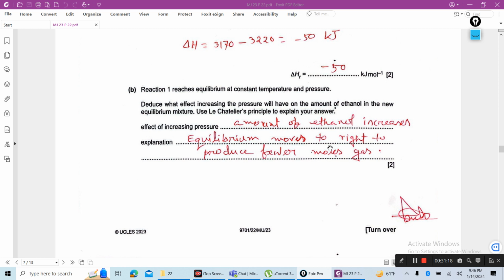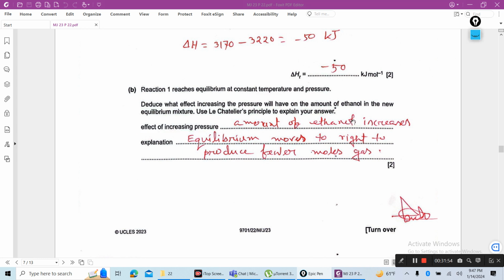Number B, reaction 1 reaches equilibrium at constant temperature and pressure. Deduce what effect increasing the pressure will have on the amount of ethanol in the new equilibrium mixture. Effect of increasing pressure, you know, if you increase pressure, equilibrium will go to the smaller number of moles.